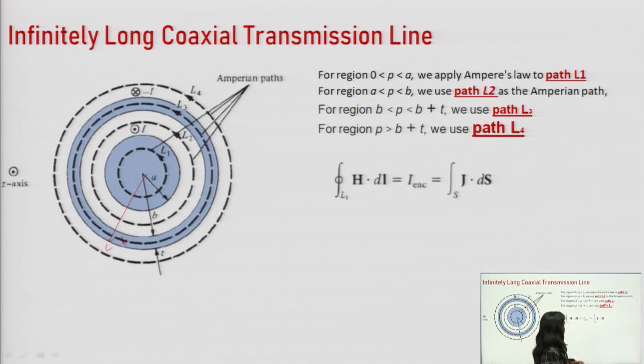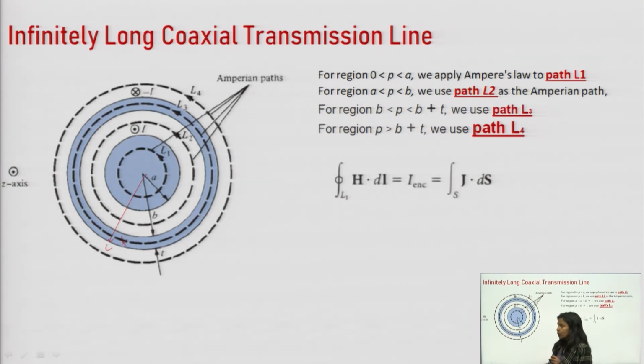Similarly, if the point of interest is between A and B, then we will use the Amperian path L2. If the point of interest is within this thickness T, then we will use this L3 as the Amperian path.